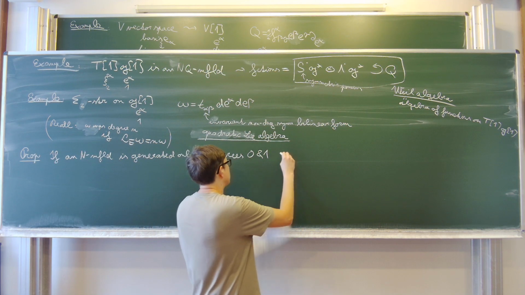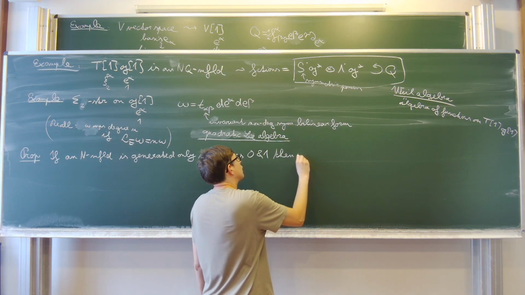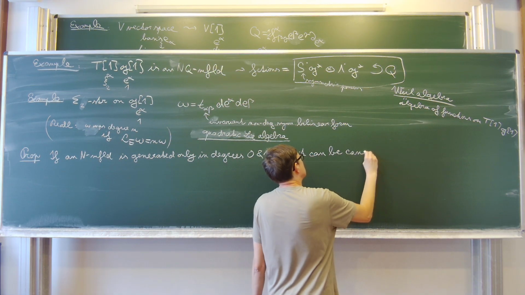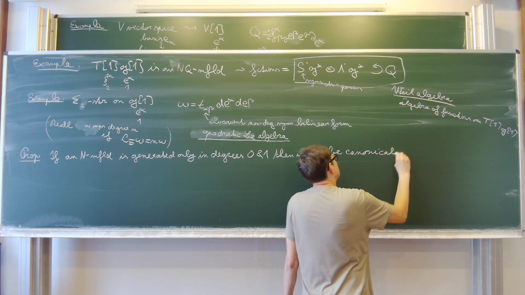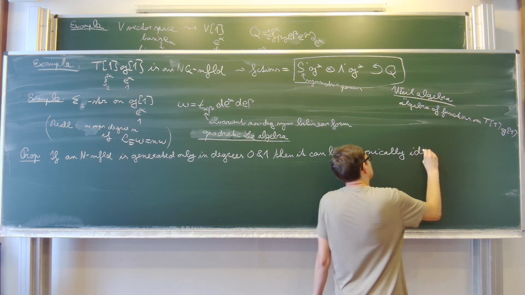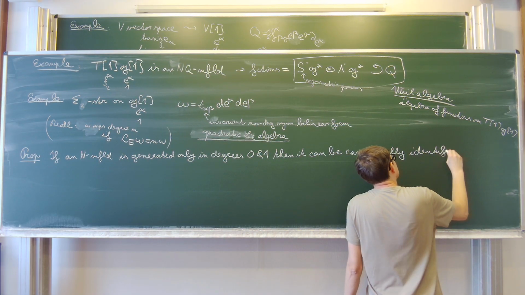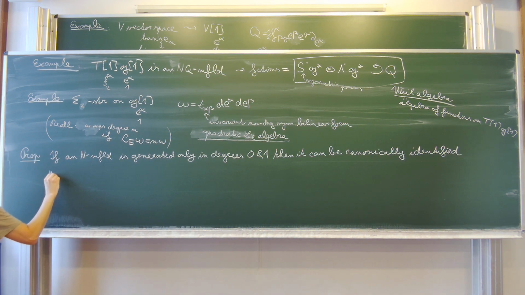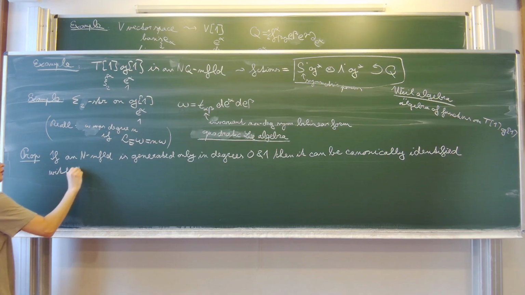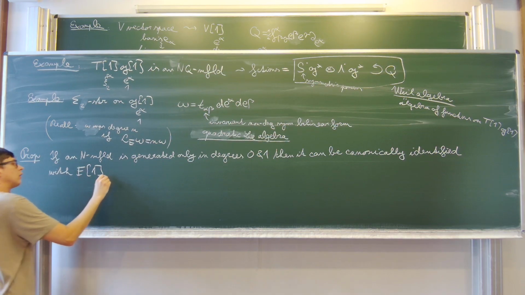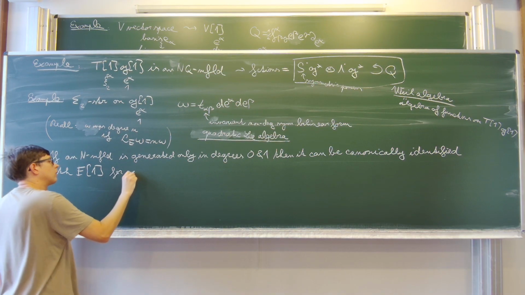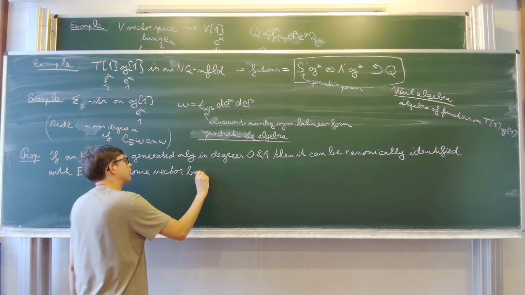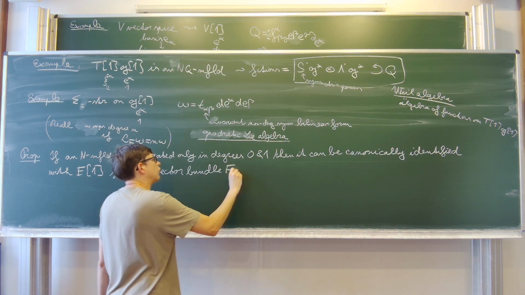So it can be canonically identified with E[1] for some vector bundle E over M.